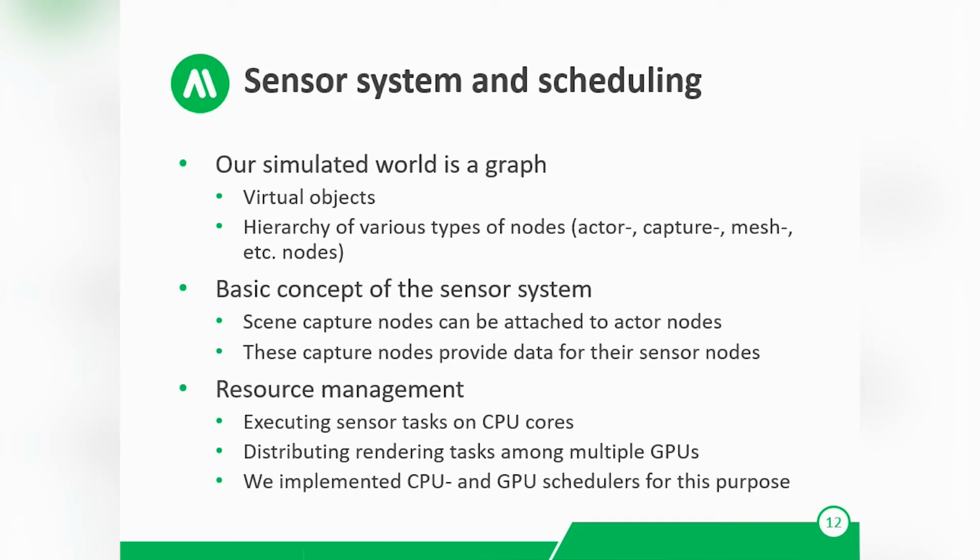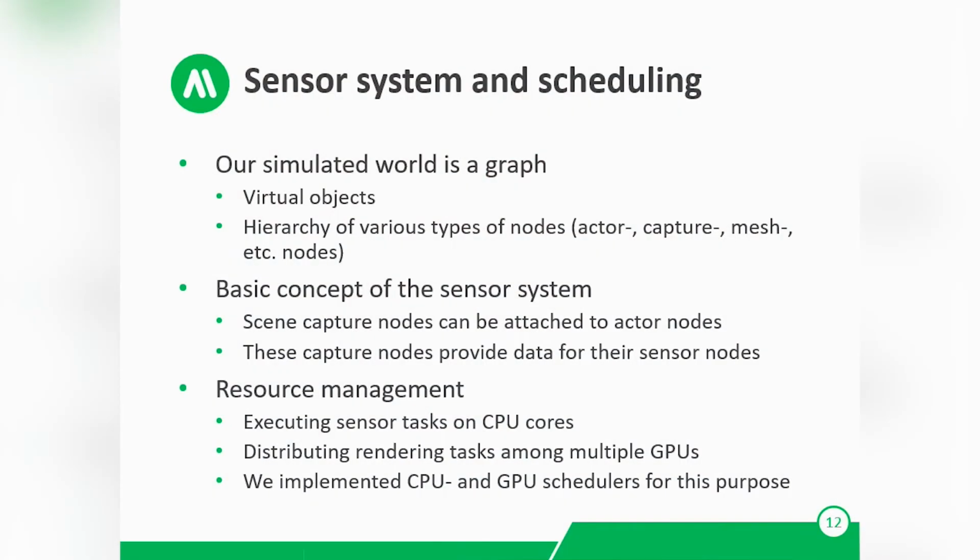The basic concept is that you can build a scene with those nodes, and scene capture nodes can be attached to an actor, and after that, those capture nodes must provide data for their sensors.